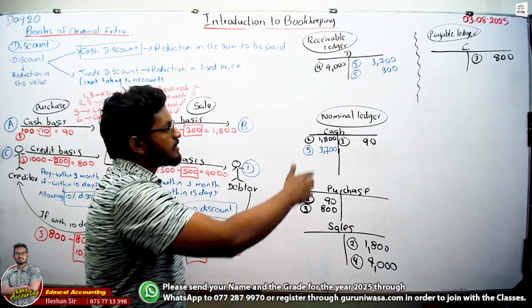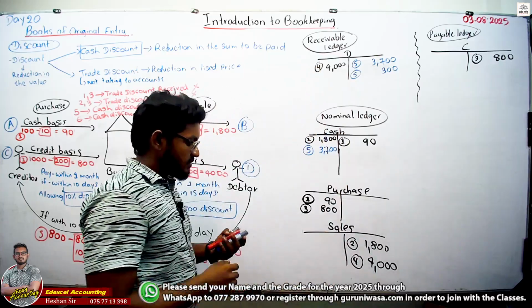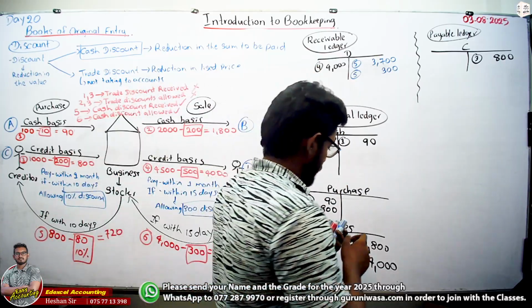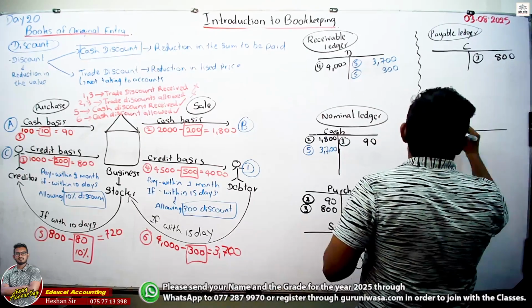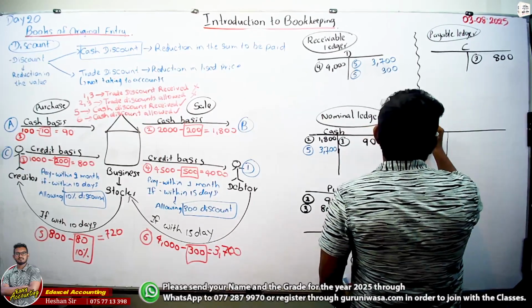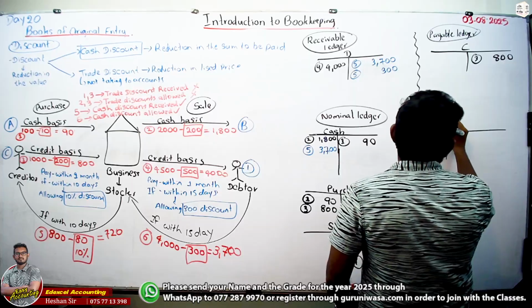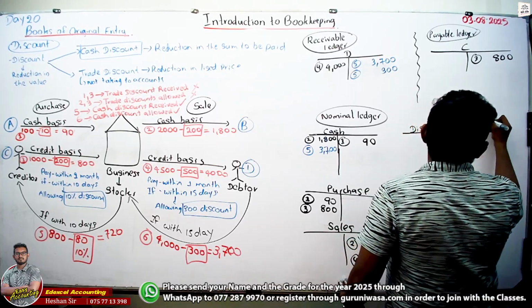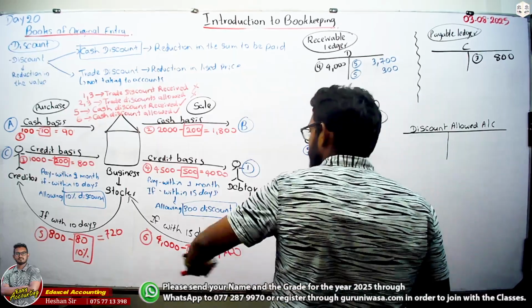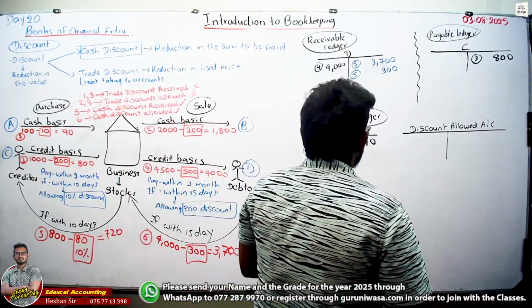So this person is paying only 3,700. If so, the allowed discount is our expense. We are not receiving it. This is a discount allowed, meaning the cash discount, because trade discounts we are not taking into account.